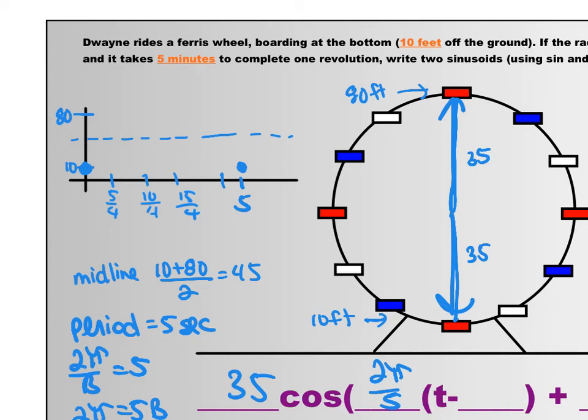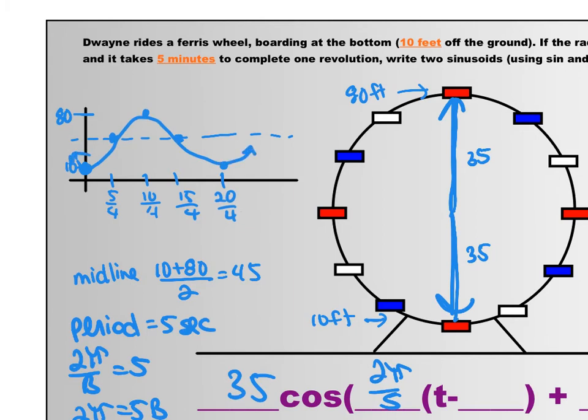It's not quite right. There we go. And 20/4, which would be 5 seconds. Then we're back at the bottom. So we're at the midline at 5/4, at the top 10/4, midline at 15/4, and 20/4. So there's my function.